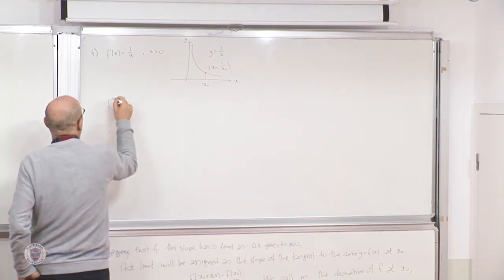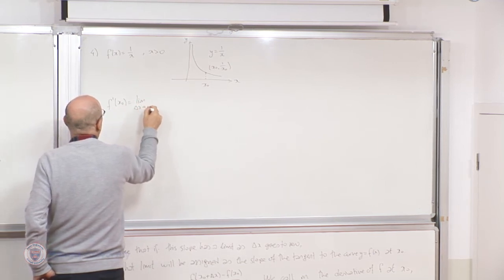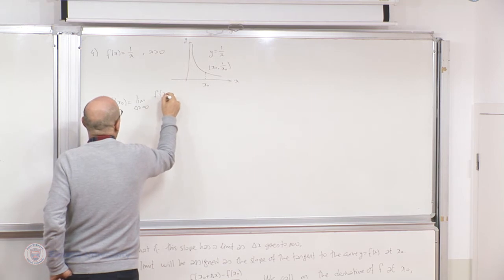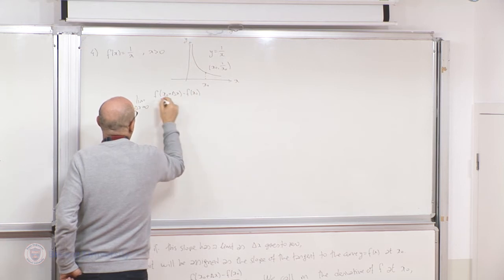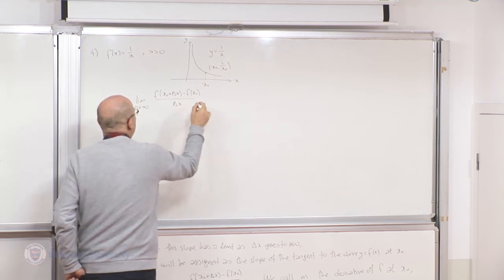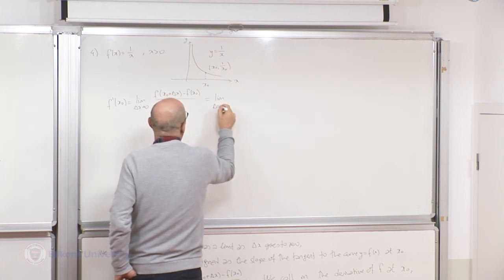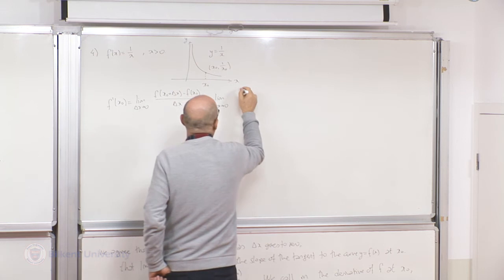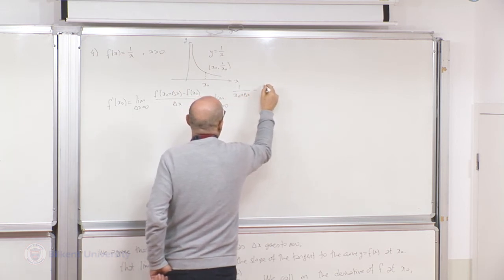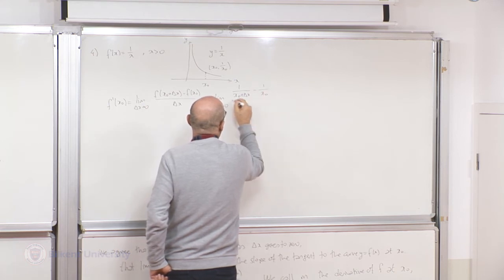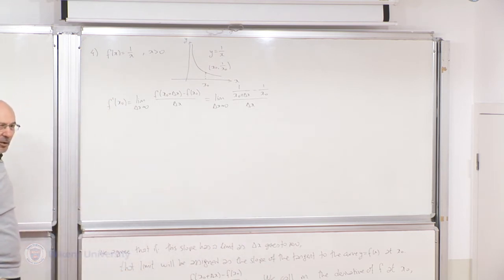Okay, so f prime x sub 0 is equal to limit delta x goes to 0, f of x sub 0 plus delta x minus f of x sub 0 divided by delta x. Now we put in the formula for f. Delta x goes to 0, so this is 1 over x sub 0 plus delta x minus 1 over x sub 0 divided by delta x. Okay? So far, so good.